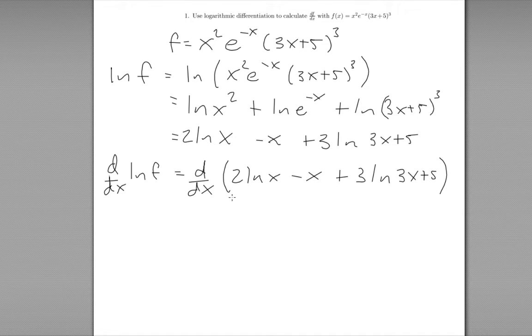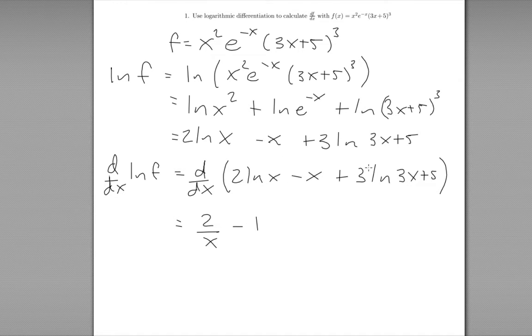And now, using our usual rules of differentiation, we have three separate terms here, so we can do the derivative of each term separately. So this becomes 2 over x, because the derivative of ln x is 1 over x. The derivative with respect to x of negative x is just negative 1.